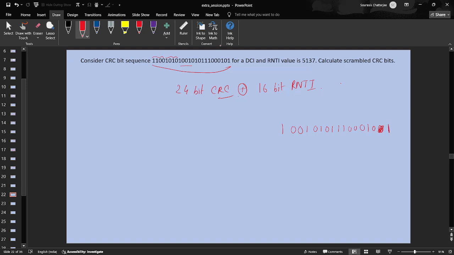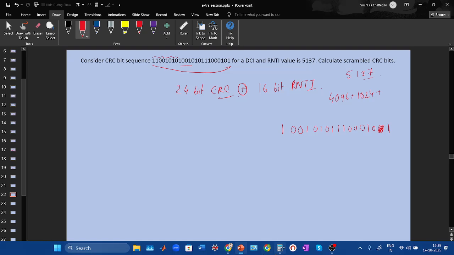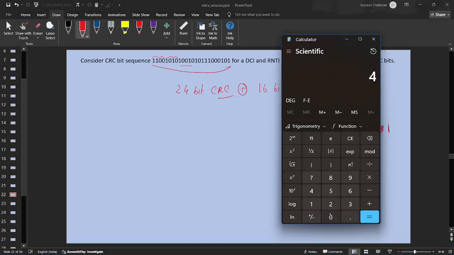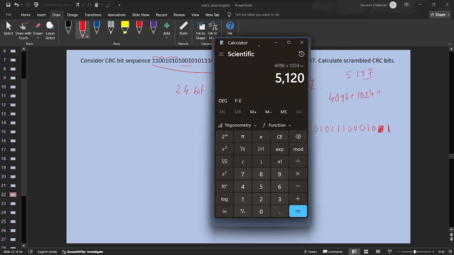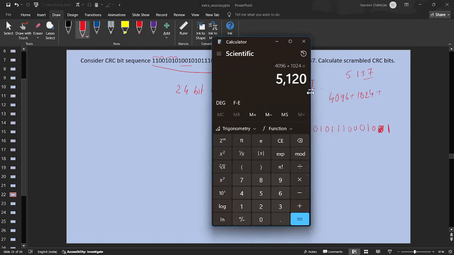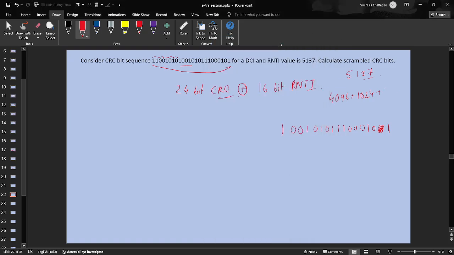What about the number 5137? If we break it down, we will see there are four numbers involved: 4096, 1024, 16, and 1. So 4096 plus 1024 plus 16 plus 1.